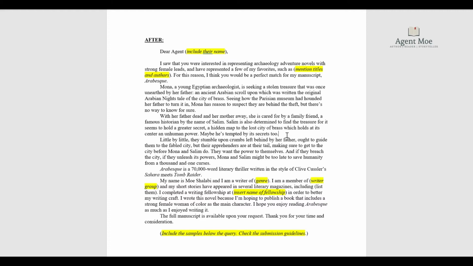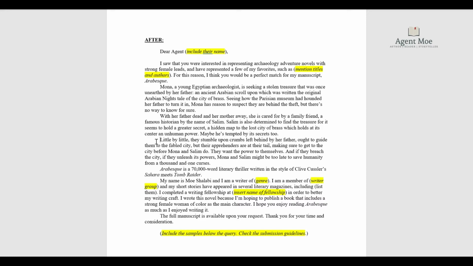Now you have two characters looking for this scroll. Now there's a bigger reason. The stakes are higher. There's someone who's apprehending them for this treasure. Even more stakes. You want to build. Make this hook so tempting that the agent is not going to put down your query or even the book in the future.